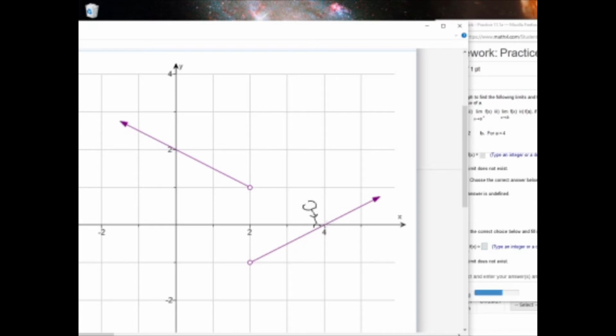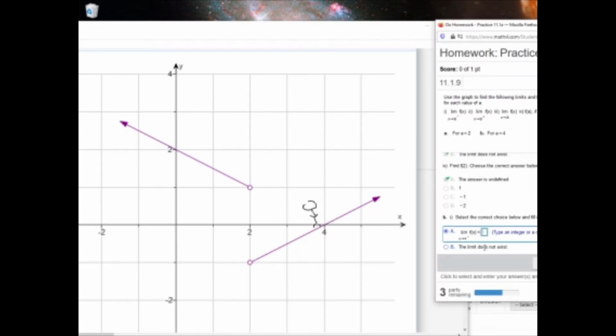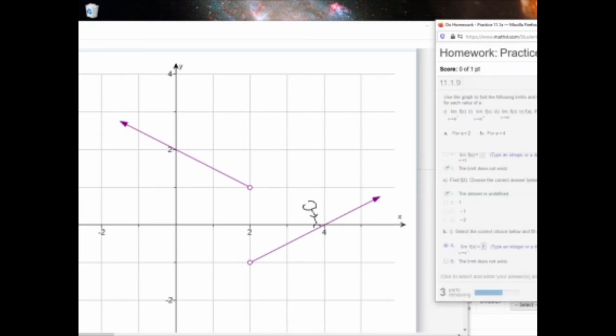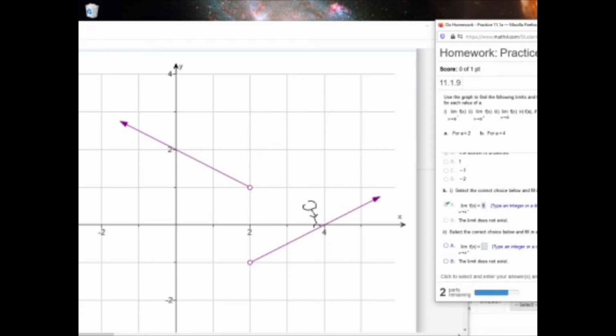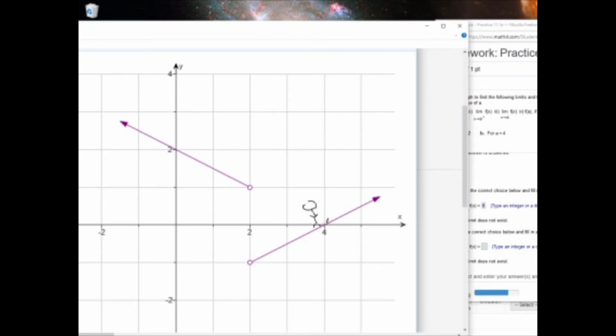Well, we'll be at a height of 0. So the next one we got, if we approach 4 from the right, again, we're going to get to a height of 0.